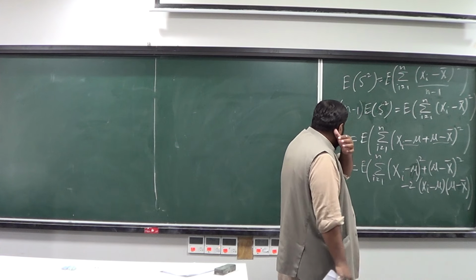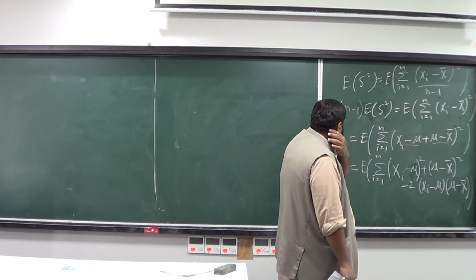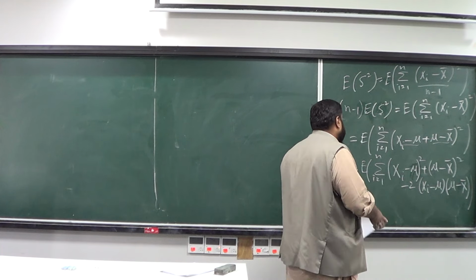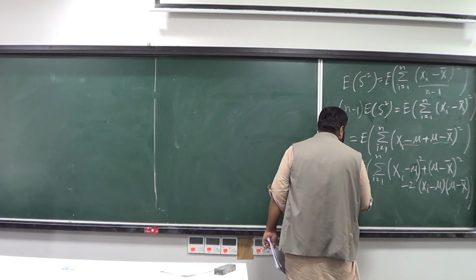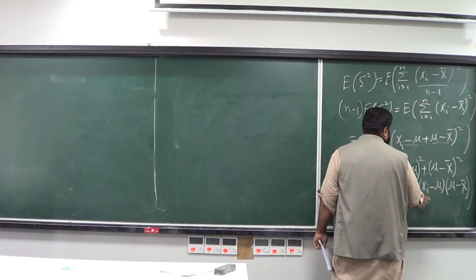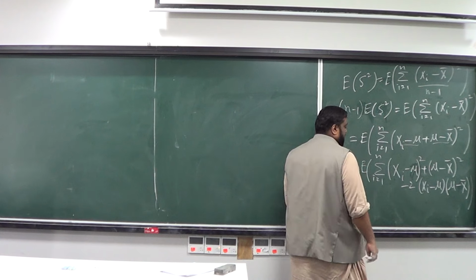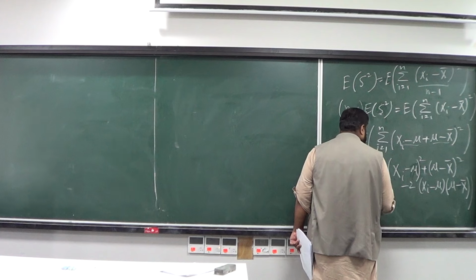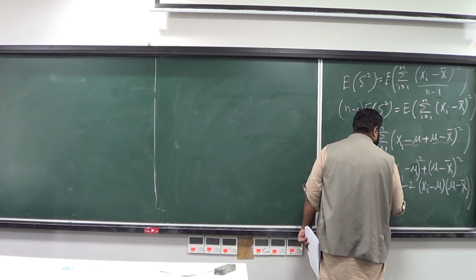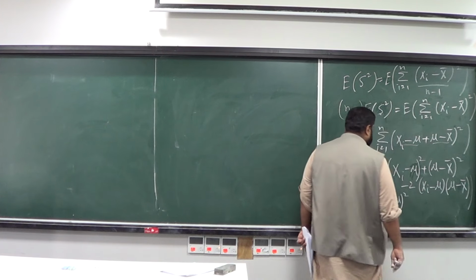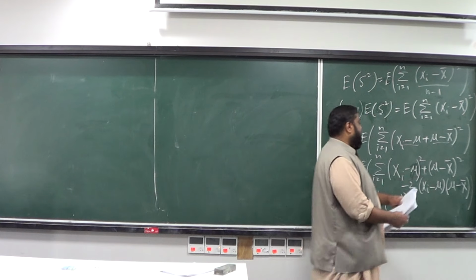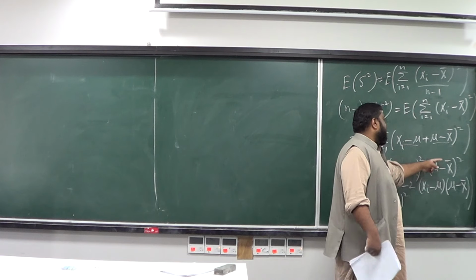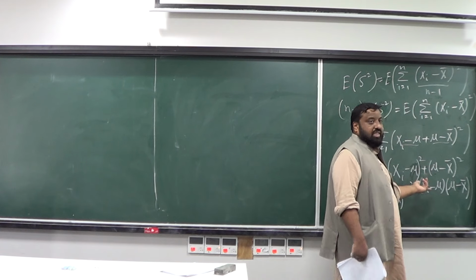Alright, so if I now simplify this a bit more, the first term involves the index i. So this is going to be the sum that goes from i equal to 1 to n of (xi minus mu) square, while this term has no index. So summing up this expression is like summing up this number n times actually.